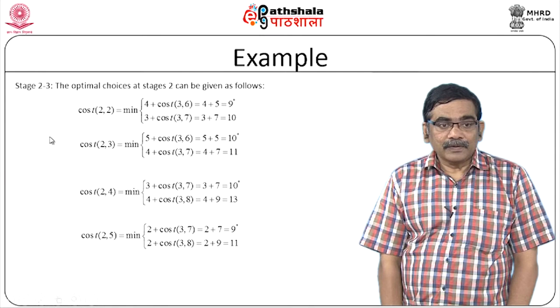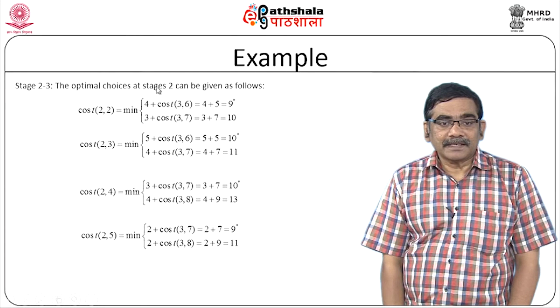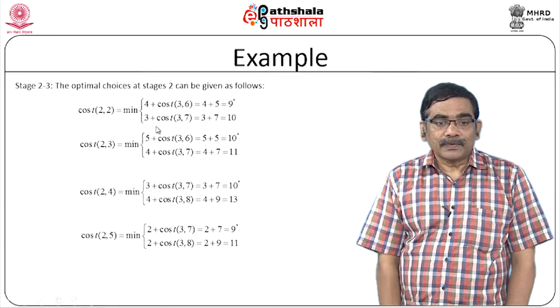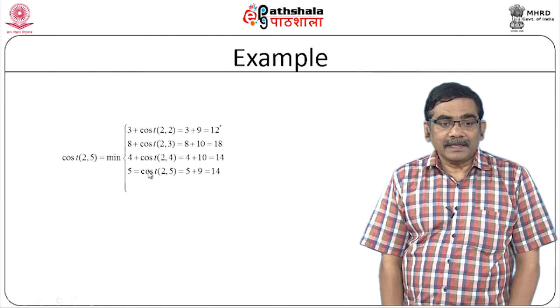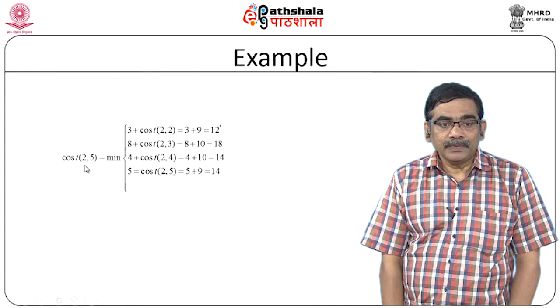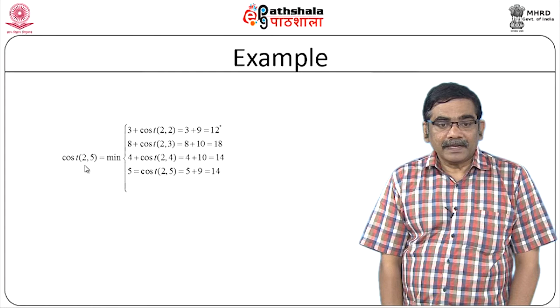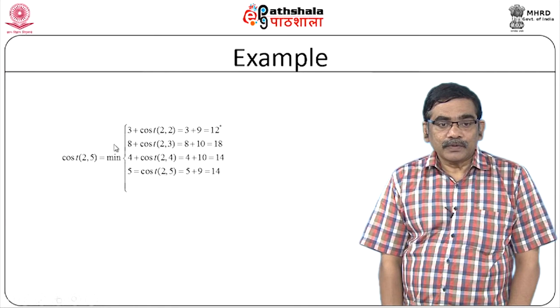So, next I will go to stage 2. That means I have to find the optimal choices at stage 2. So, you can see the computations, then finally, I will come to stage 1. So, now you can see very well it is going to be 3 plus cost of 2 comma 2. Your source is going to be in stage 1.